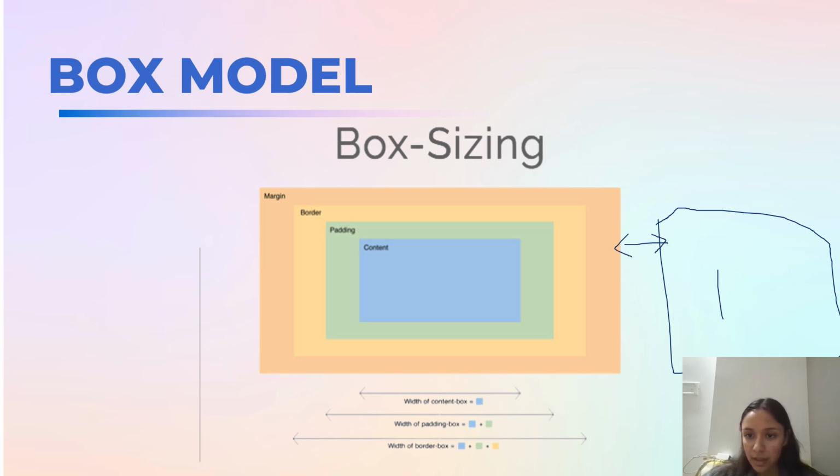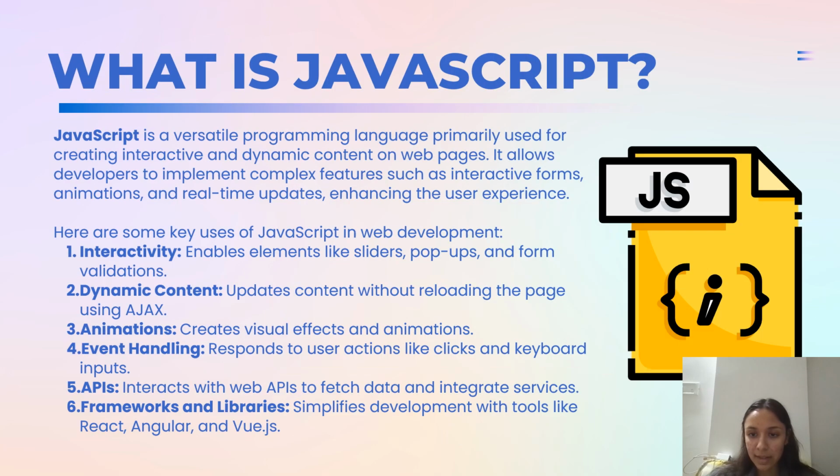Similarly, if this is my content and this is a border, the space here will be my padding. All right, and we can also provide the height and width. The entire vertical length will be our height and the crosswise length will be our width. So this is basically the box model in CSS.